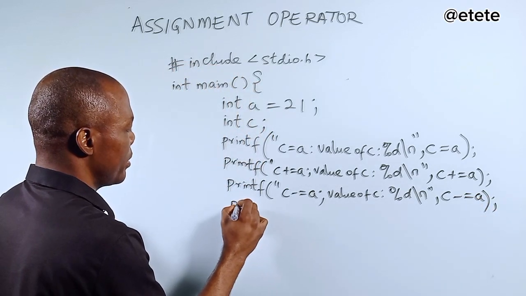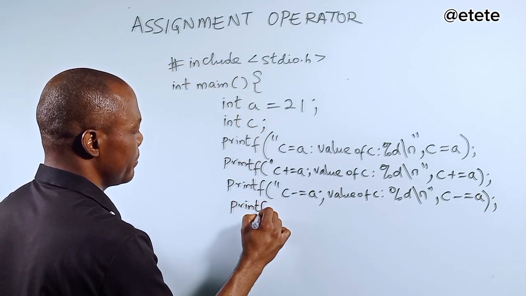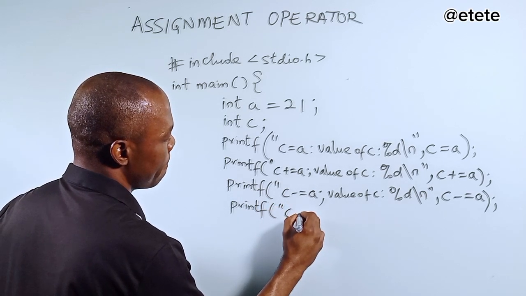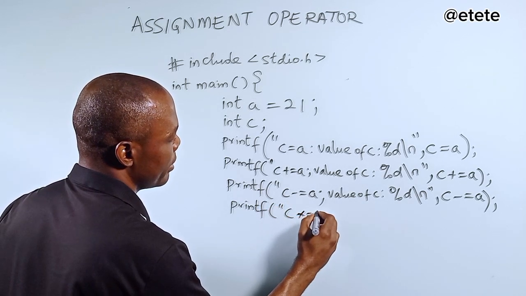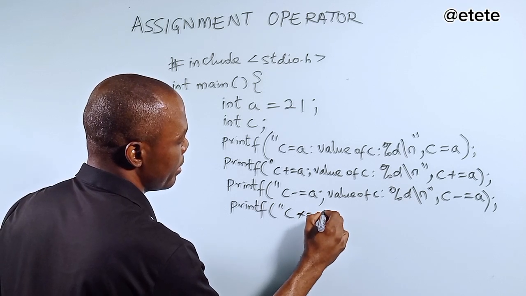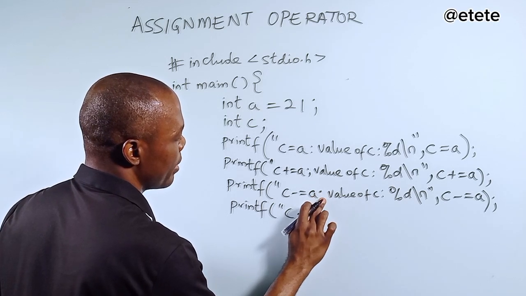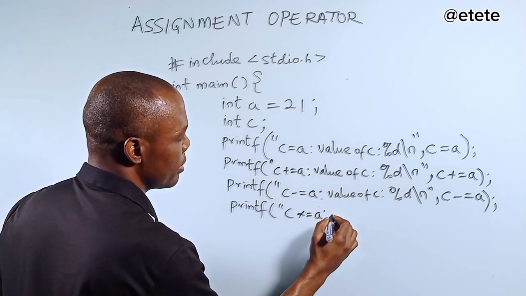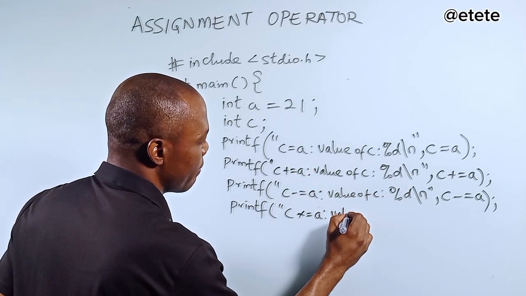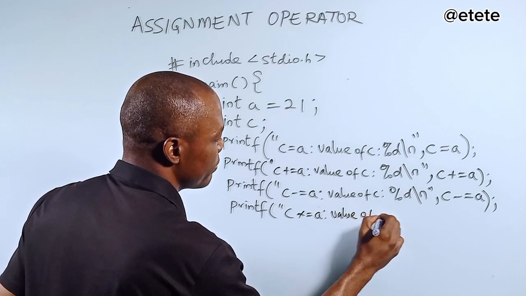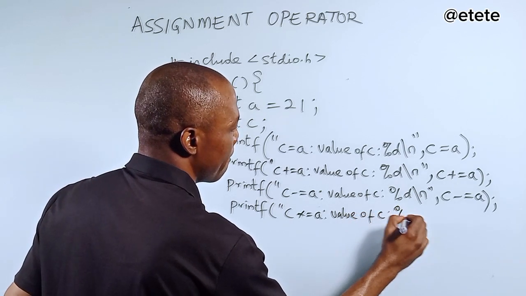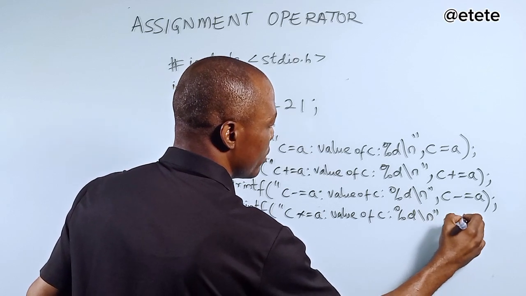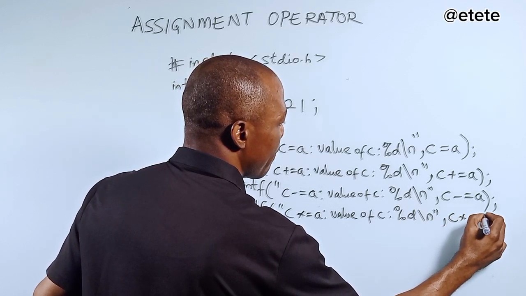Then here I will say printf, c multiply a. This one is dot, value of c, multiply assign a.